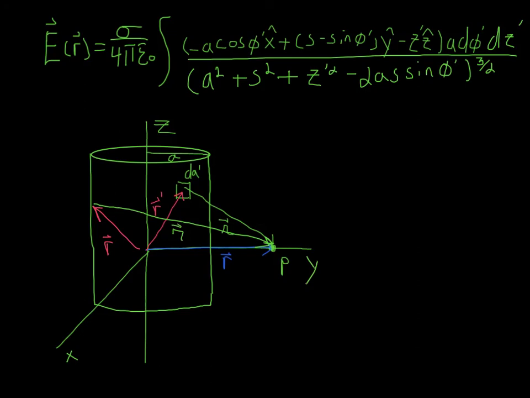Again, imagine that for the little charge element that I'm integrating at this part of the integration, I'm in the negative yz plane. So actually, phi is 270 degrees. And so if I plug that in, that's going to be a -1. That's going to make this positive down on the bottom. So I'm going to get a squared plus s squared plus z prime squared plus some extra stuff. And we can see that this thing is physically longer here.